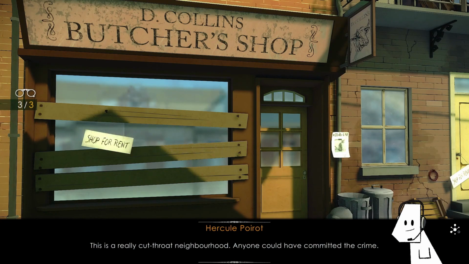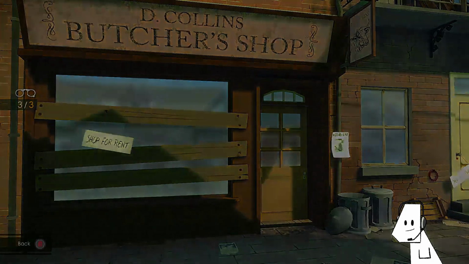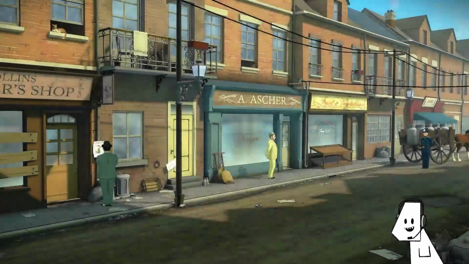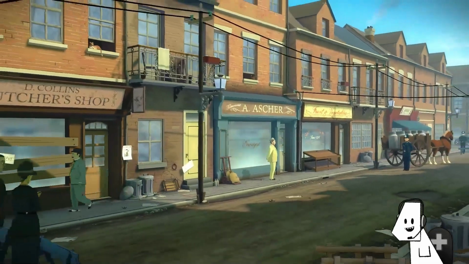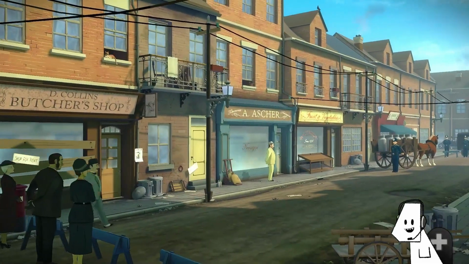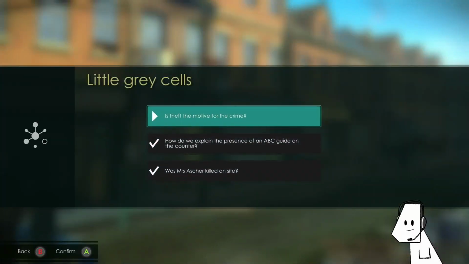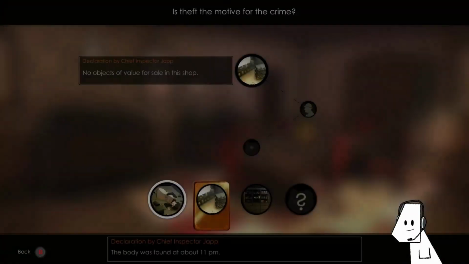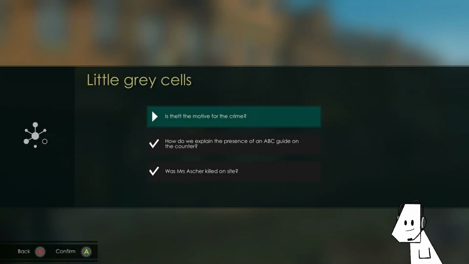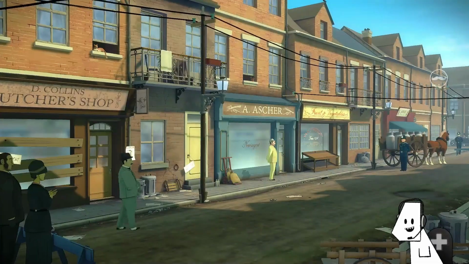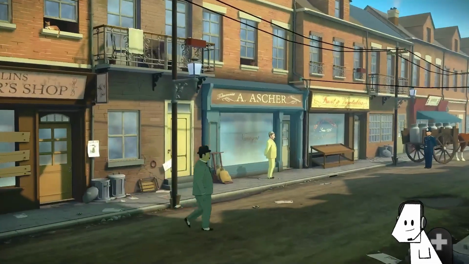Anyone could have committed the crime. How does that tell you it's a cutthroat neighborhood? Did that give us the clue? No, it did not. Damn it. I'm thinking we just have to get this one off the board and then we can continue.